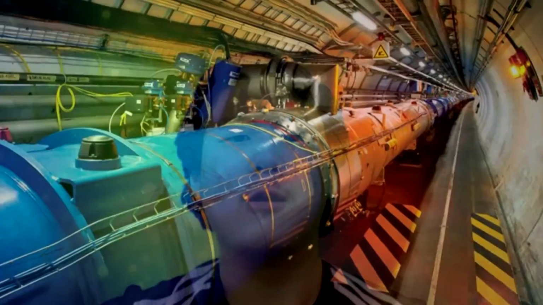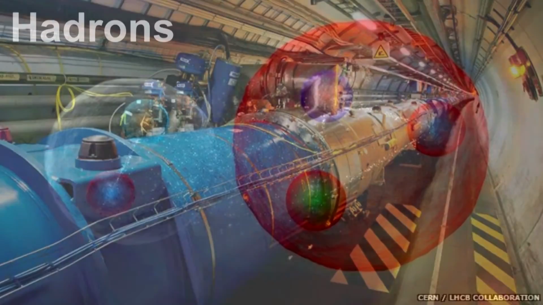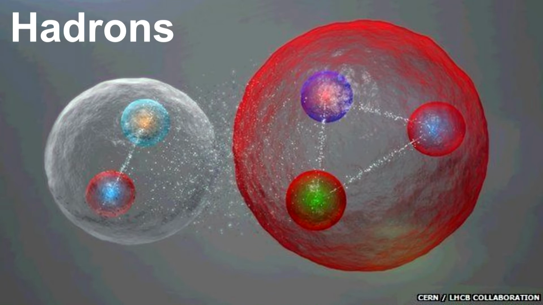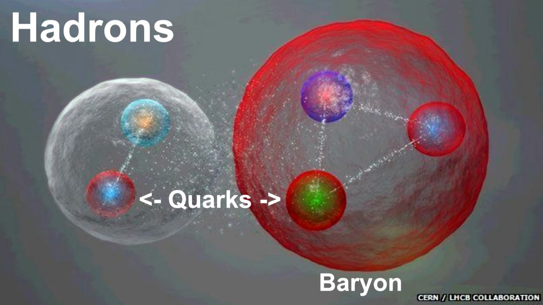You might have heard the word hadron before, as it's the name of the world's most powerful particle collider as of today in 2016, the Large Hadron Collider. A hadron is simply a composite particle of quarks held together by the strong nuclear force. Hadrons can be further classified into either baryons or mesons depending on how many quarks are involved.